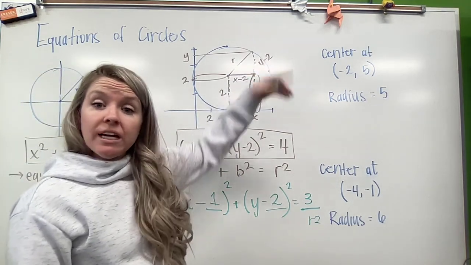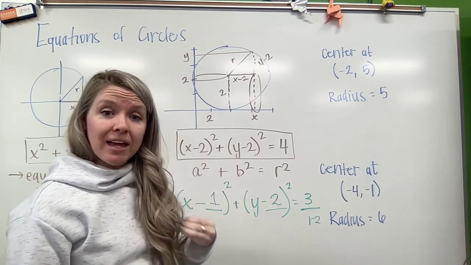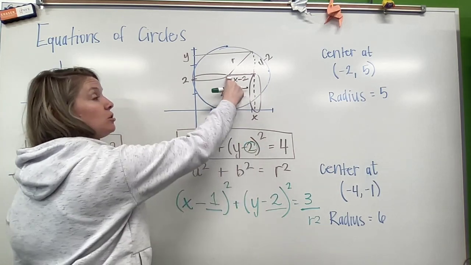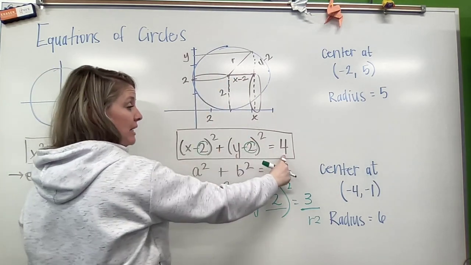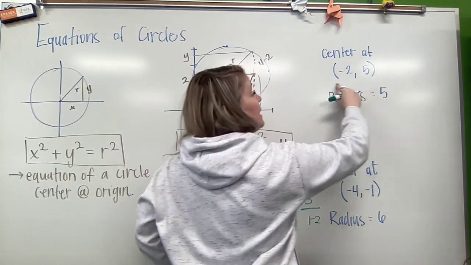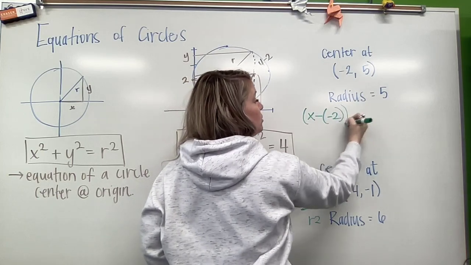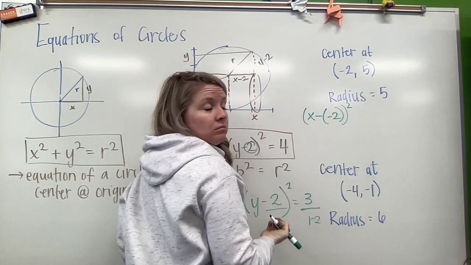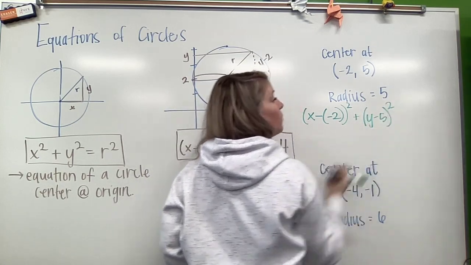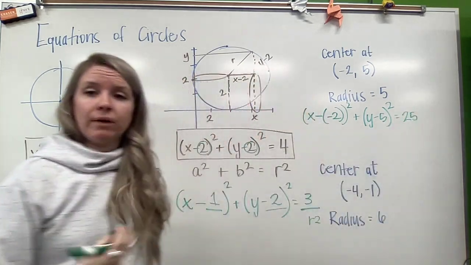Okay? So over here, I have examples where all we have to do is write the equation based off that information. Here's my center point. I'm at 2, 2. And I had a radius of 2, so I squared it. So what I'm going to see happen here is I'm going to have x minus negative 2 squared plus y minus 5 squared equals 25, radius squared.